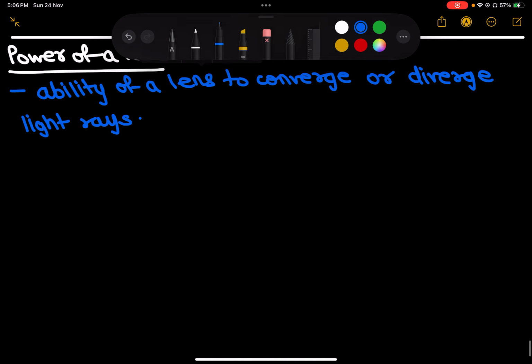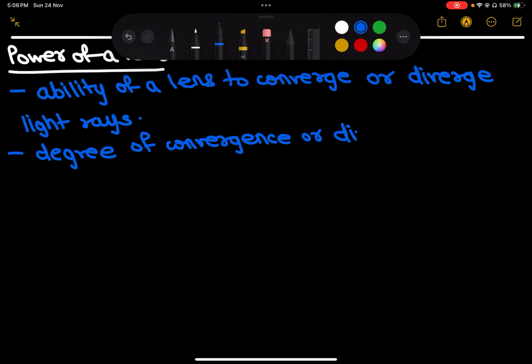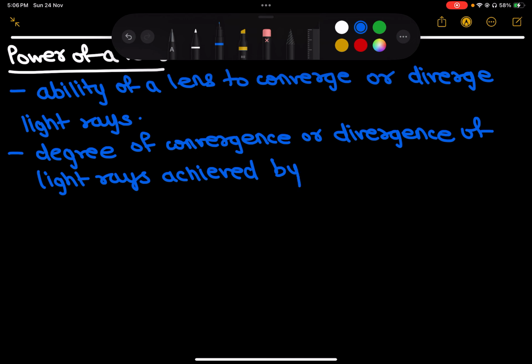I'll write this one down as well, because define power of a lens is a very common question in your boards for 1 or 2 marks. Okay, so degree of convergence or divergence of light rays achieved by a lens is the power of that lens.